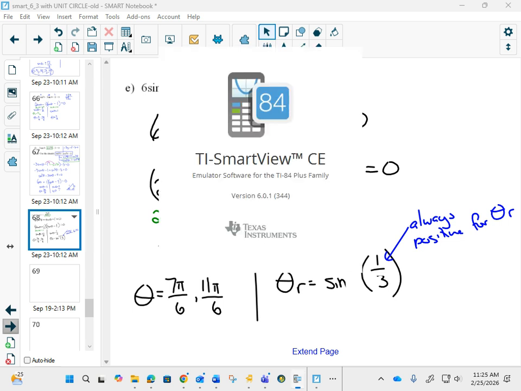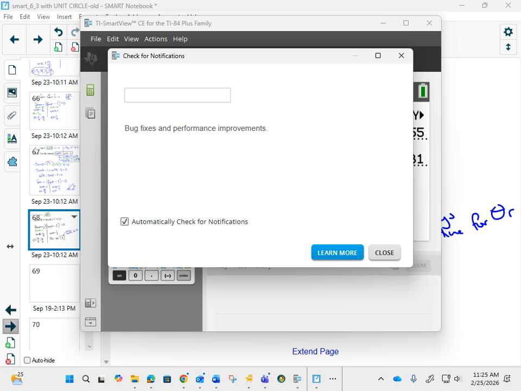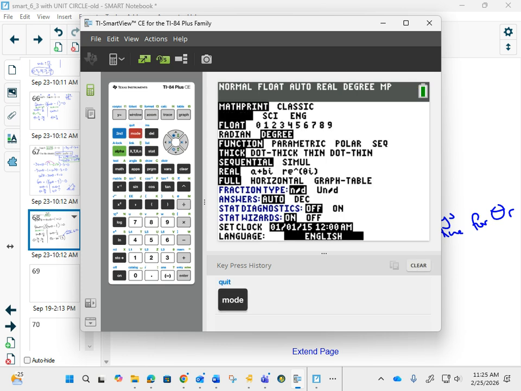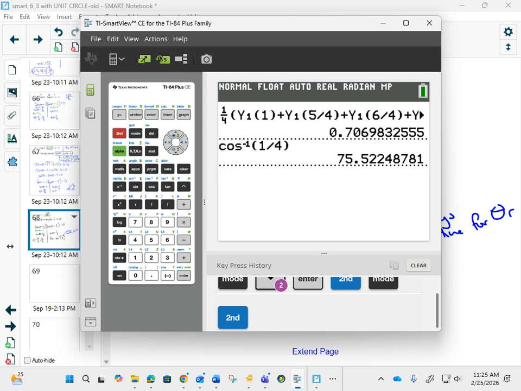Take out our calculator. I'm going to hit the mode button if you have a graphing calculator, and push enter on radians to make sure I'm in radians. And then I go second sine inverse of 1 divided by 3.